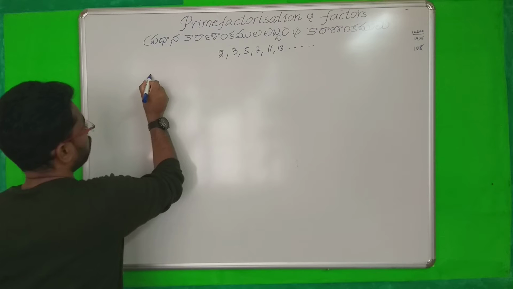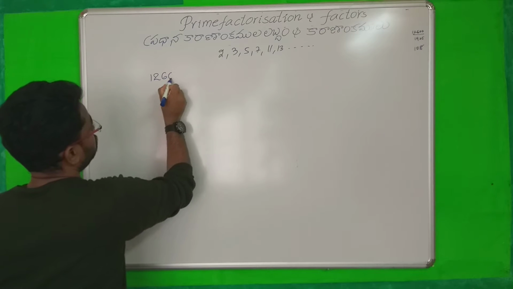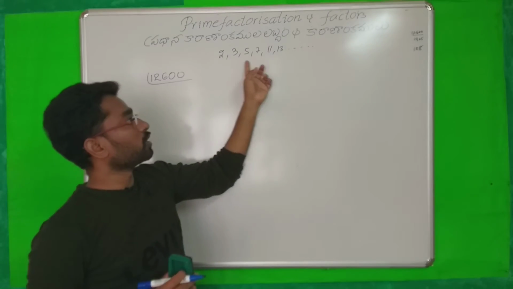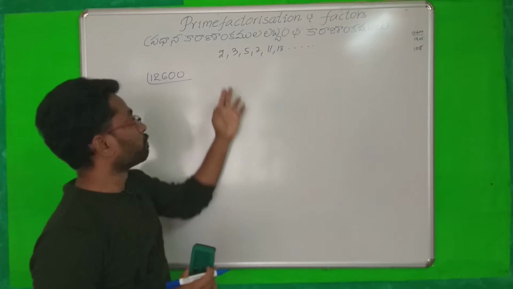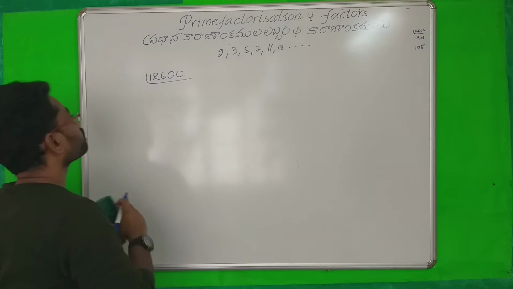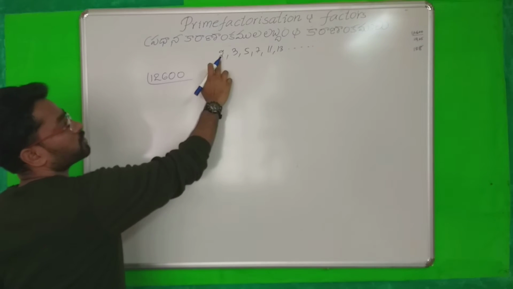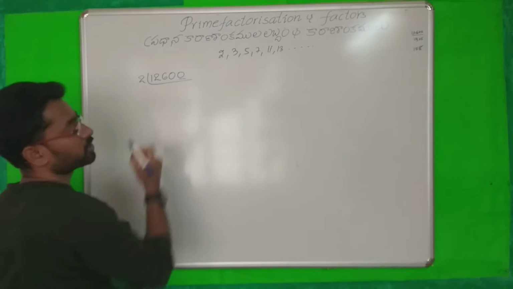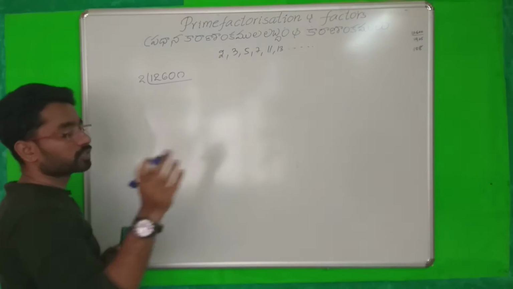I am taking one problem to explain the concept. Prime factorization. Pradhana karanankamula labdam. These are pradhana sankhyalu, prime numbers. Now, is it divisible by the first prime number, 2? It should be divisible by 2 because the units place is 0. You can check the divisibility rules class.